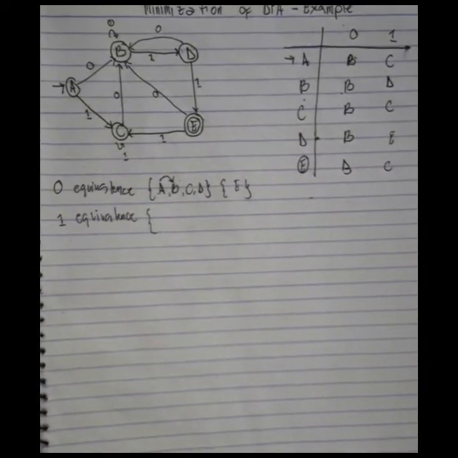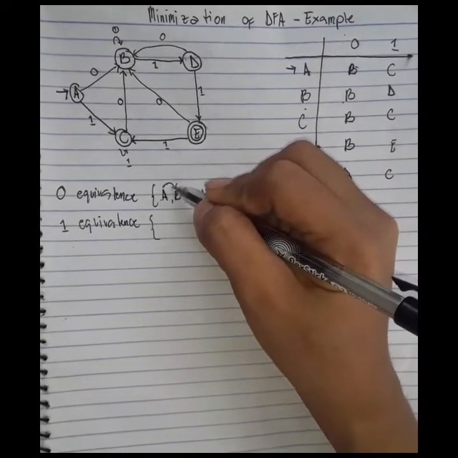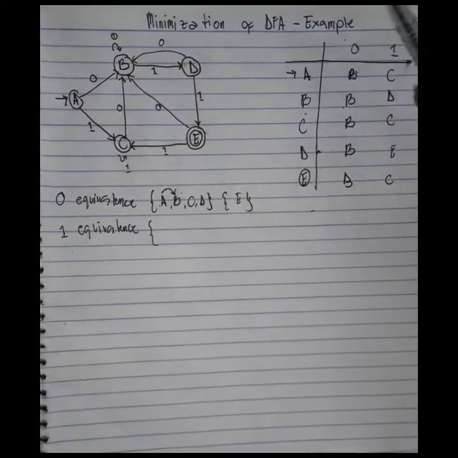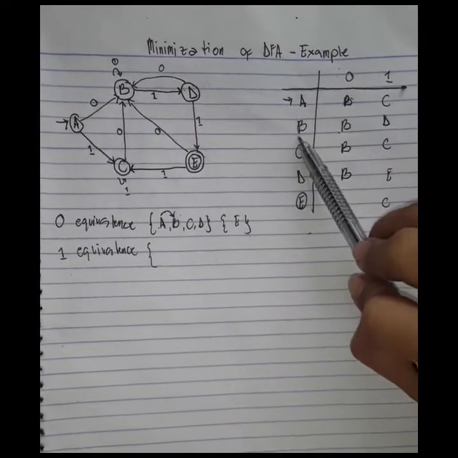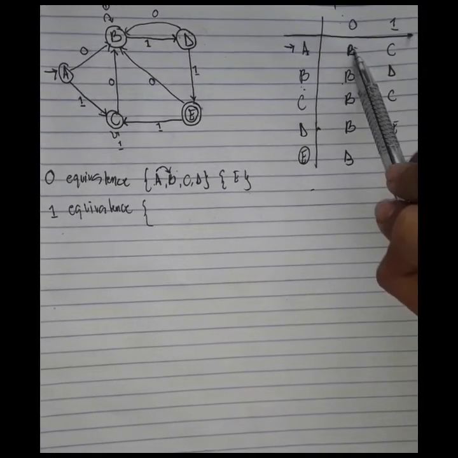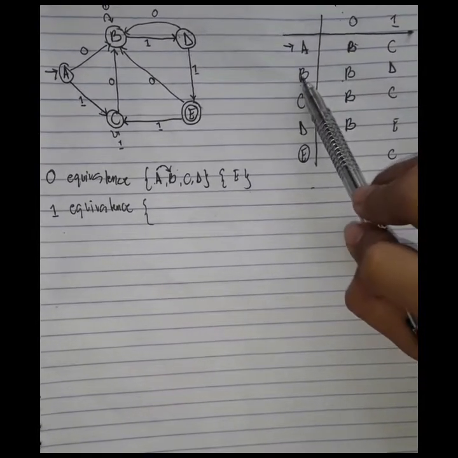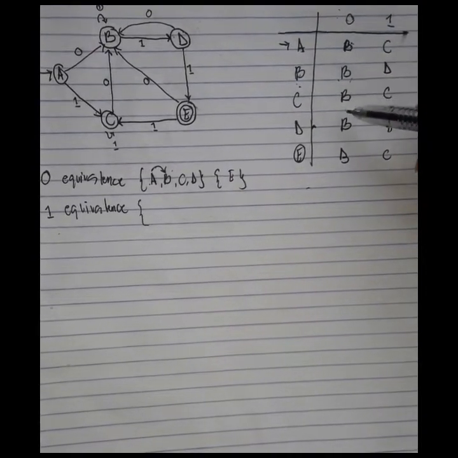In order to get the one equivalence, you need to check A and B here. You have to check the 0 input and 1 input. The 0 input of A goes to B, and the 0 input of B goes to B, so it is okay.